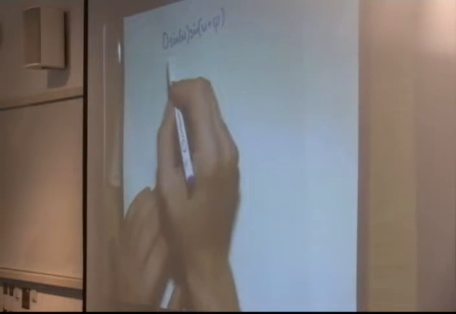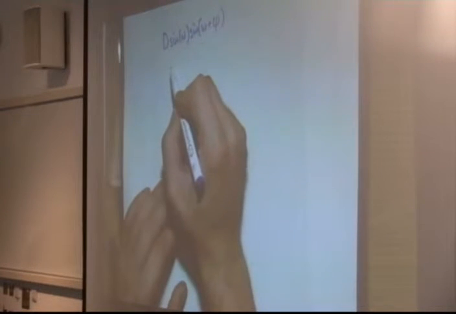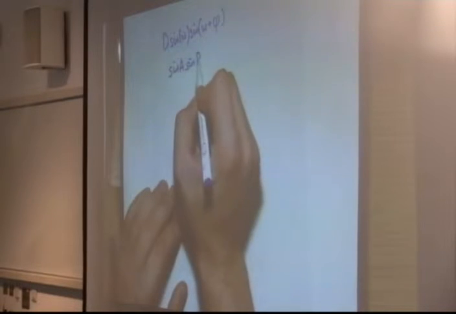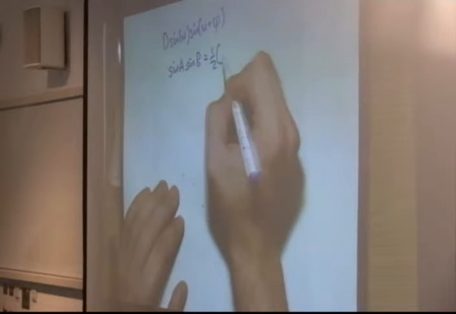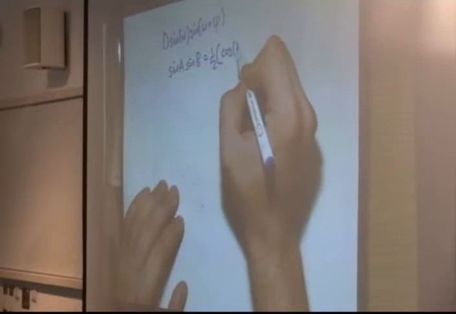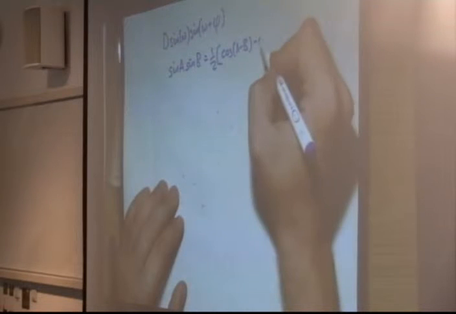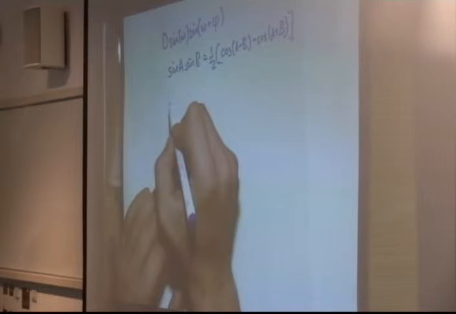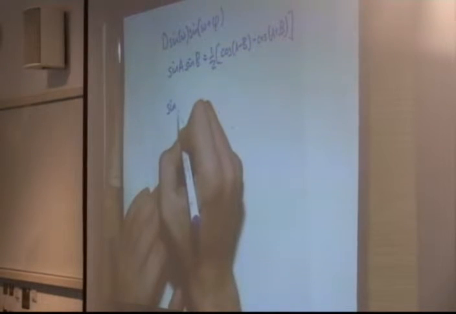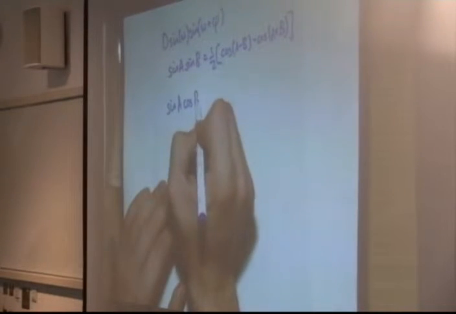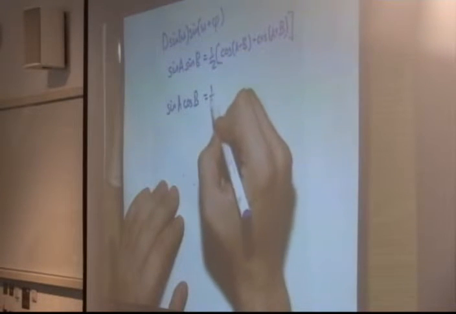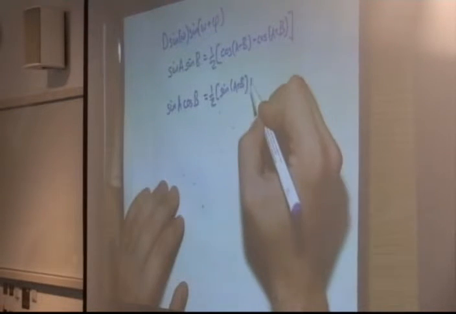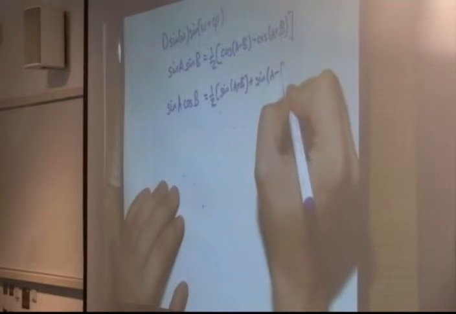So if you multiply these together, a sine by sine is easy enough. Just from school, you'll have forgotten, like me, that sine A times sine B is equal to a half cos(A minus B) minus cos(A plus B). These are just completely standard trigonometric results. You can just look them up on the internet when you need them, instead of trying to remember them. And sine A cos B is equal to a half sine(A plus B) plus sine(A minus B).